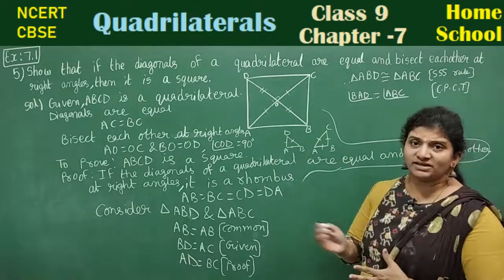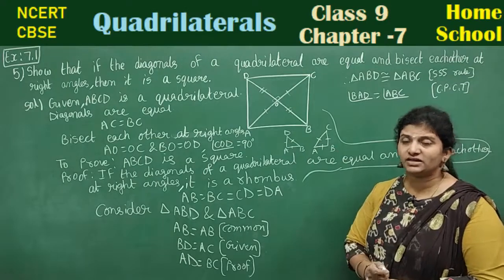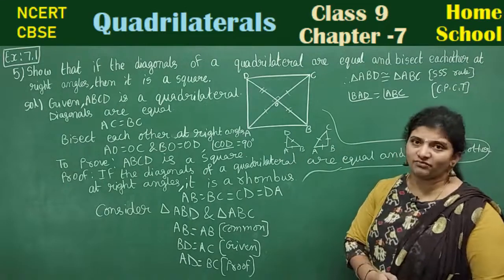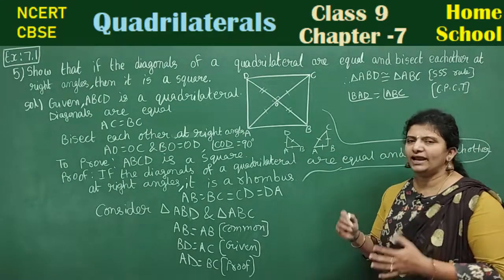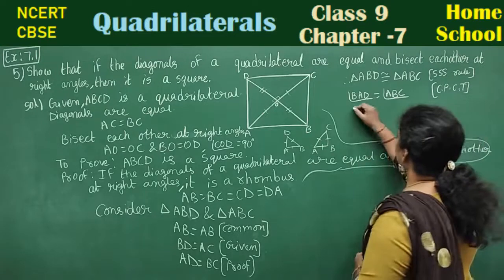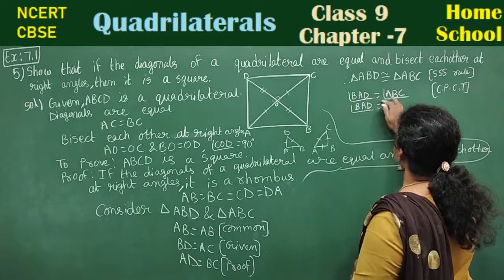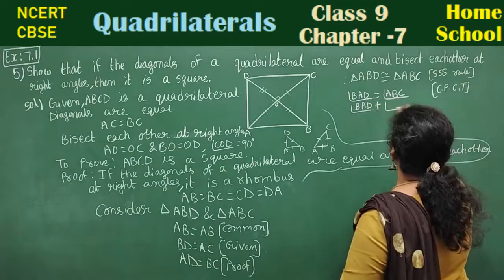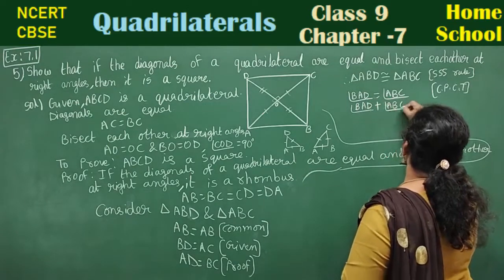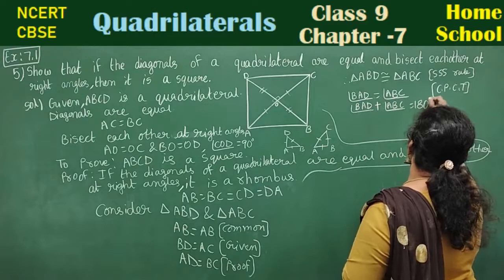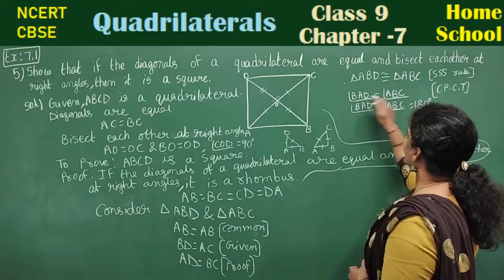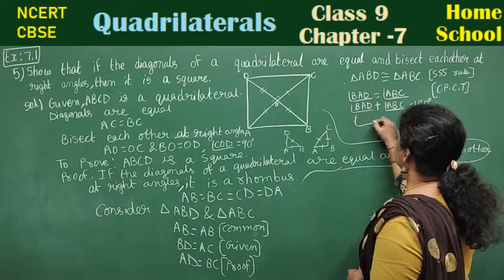Now I remember a statement, that co-interior angle sum will be supplementary. Let us check it out. That is angle BAD plus angle ABC is equal to 180 degrees. We know that angle BAD is equal to ABC.